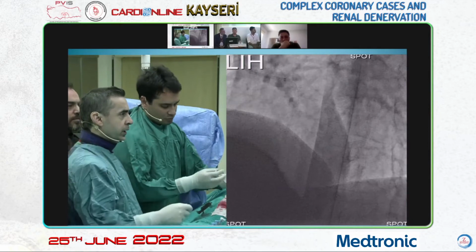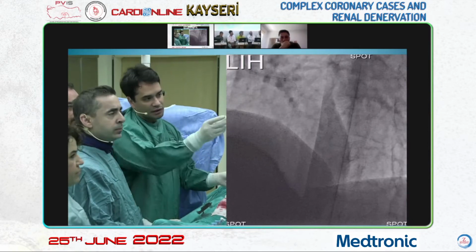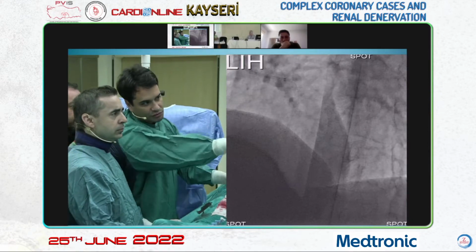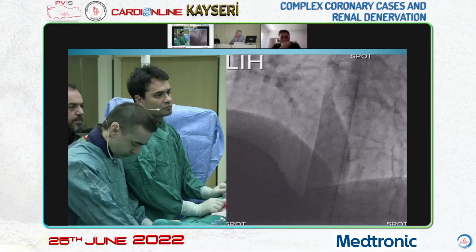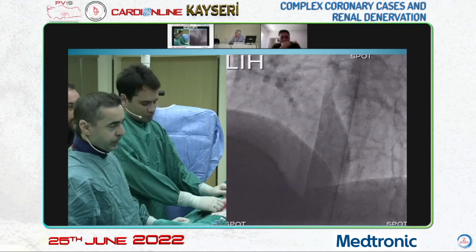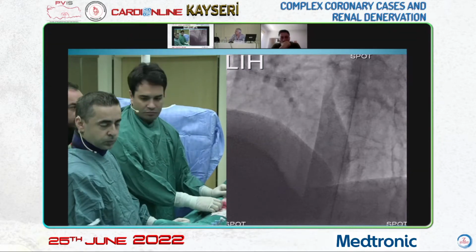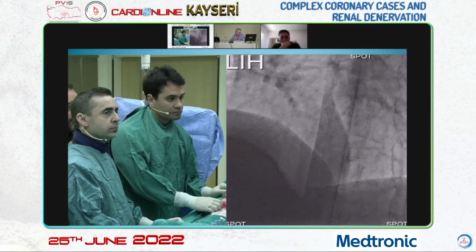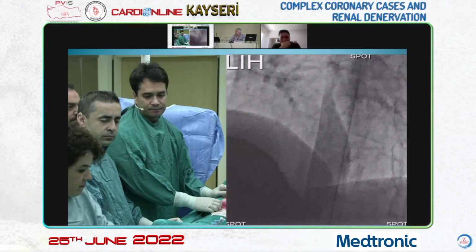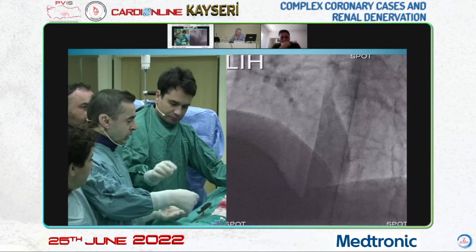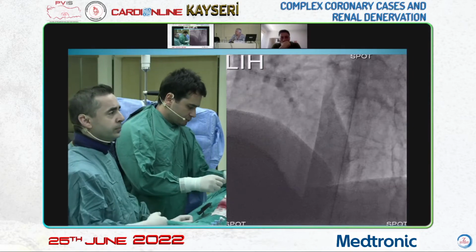But here in the case presentation, instead of Ömer, Zeki can also present the theoretical information. Now, friends passed it with a wire. The channel was good, I guess, but if the proximal cap was forced, what kind of methods would you use?